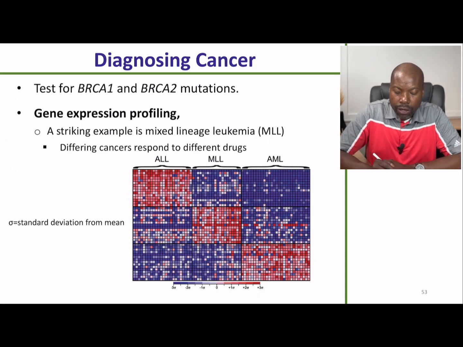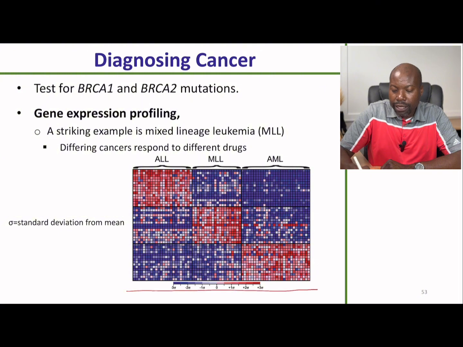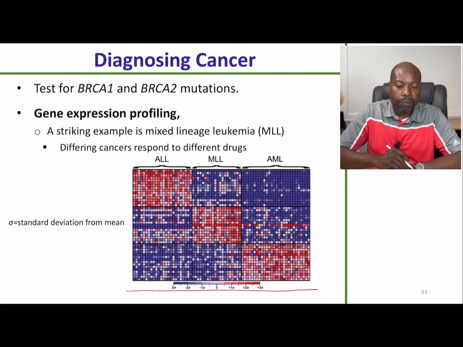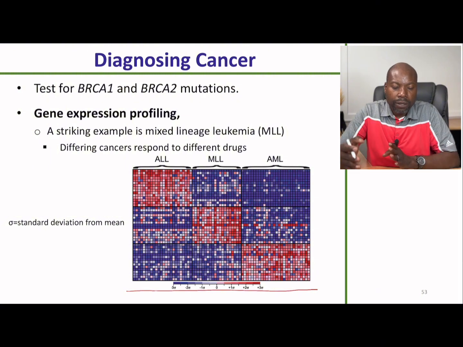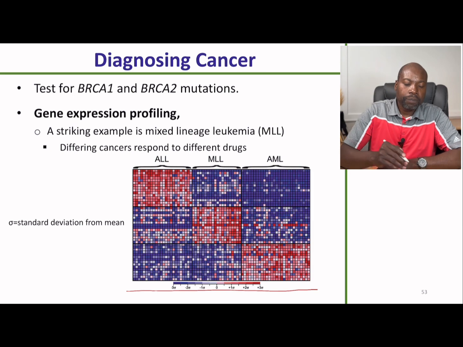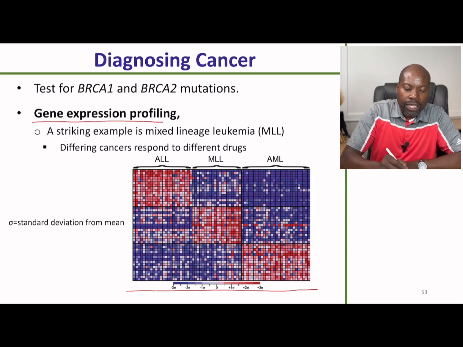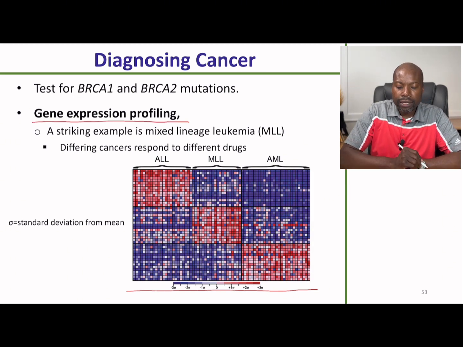Now here we have a way of actually diagnosing cancer, and this way of diagnosing cancer allows us to see how cancer cells are different one from another and how we can actually look at their gene expression profiling, okay?